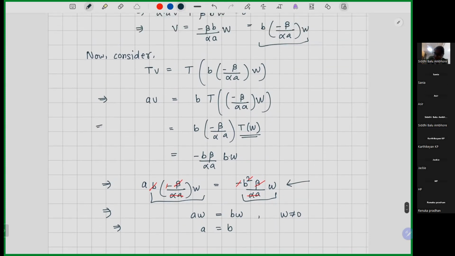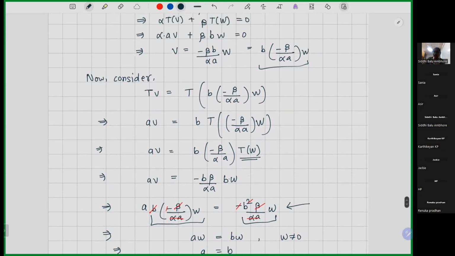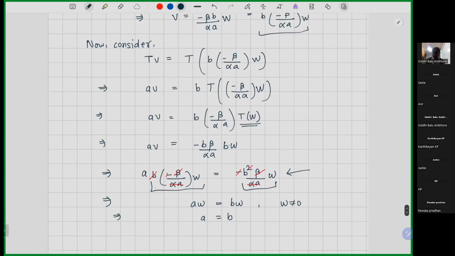So here I was writing AV is equal to this thing, A into V. V has this expression, which I obtained here, so I just wrote it here. So AV becomes this, and B as it is, and this B I'm multiplying, then beta square alpha. And this is non-zero, I'm assuming. Okay, it is clear. Alpha and betas are non-zero, so I can cancel them.